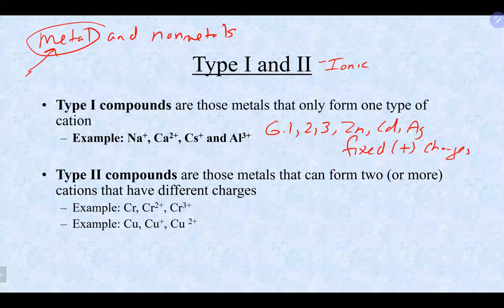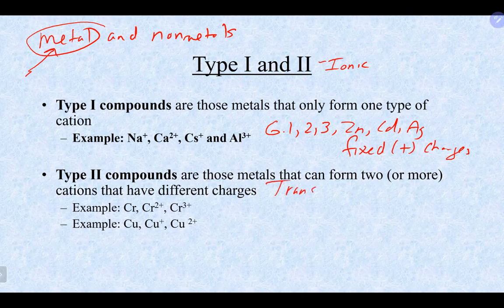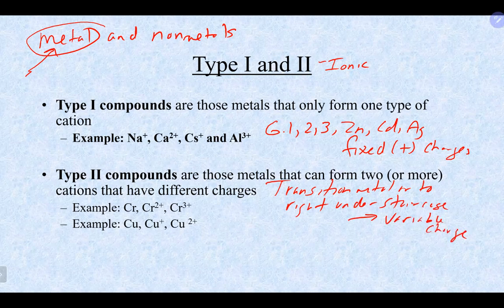If it's a type 2 ionic compound, the metal is a transition metal, or just to the right, under the staircase. And they basically all have a variable charge. So for example, copper in certain cases could be +1. In other cases, it could be +2.